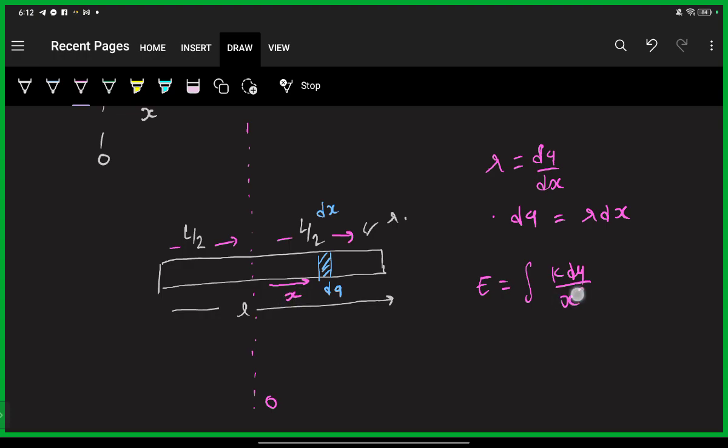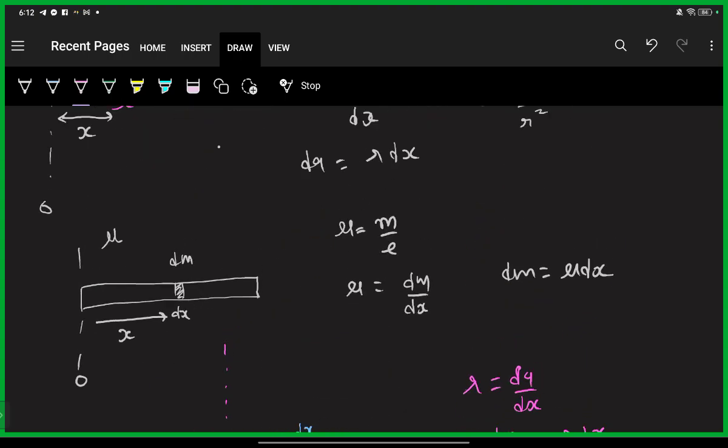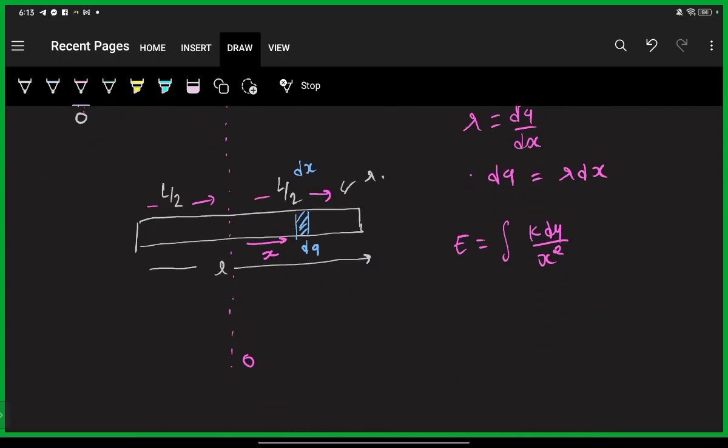So here the limit will be from 0 to L in the case where we are taking the origin from one of its ends, that is 0 to total length. But in this case, this is minus L by 2 and this is plus L by 2. The limit will be minus L by 2 to plus L by 2. This is the difference, nothing else.